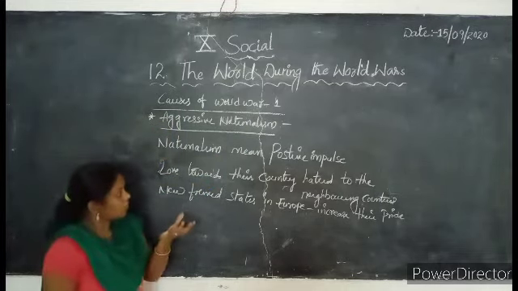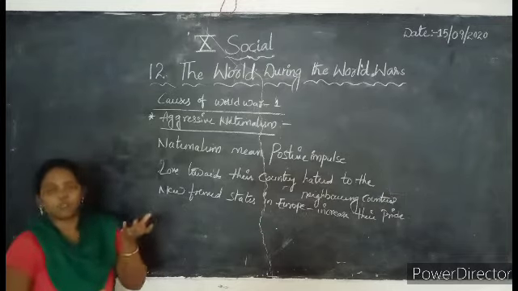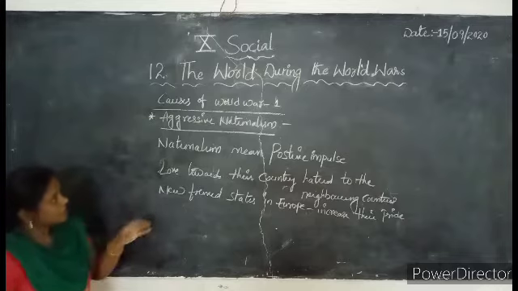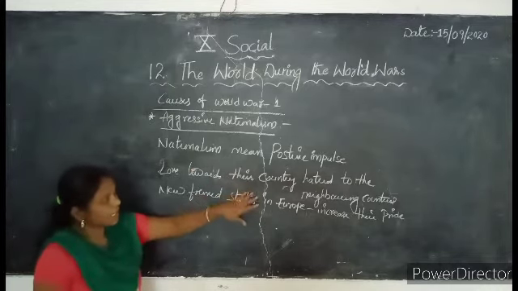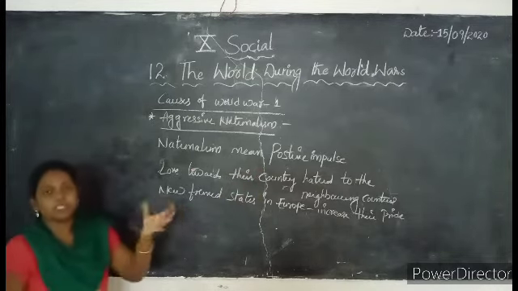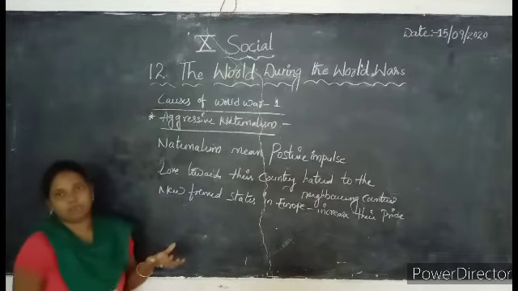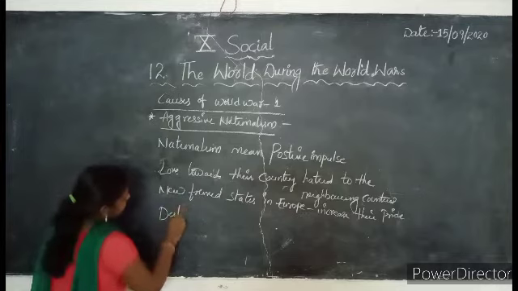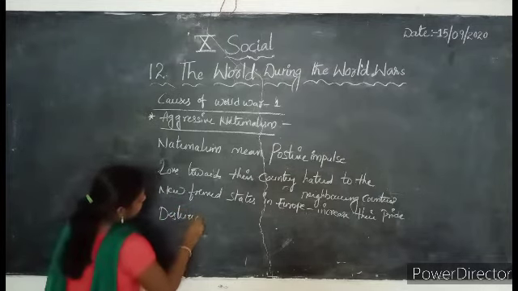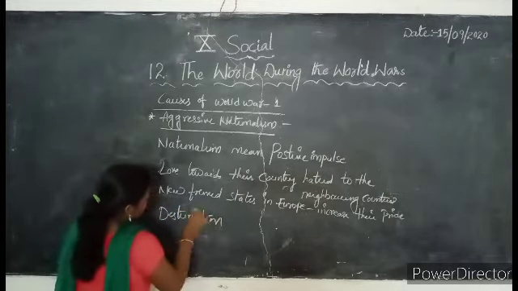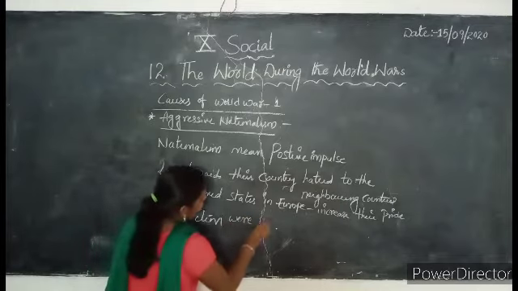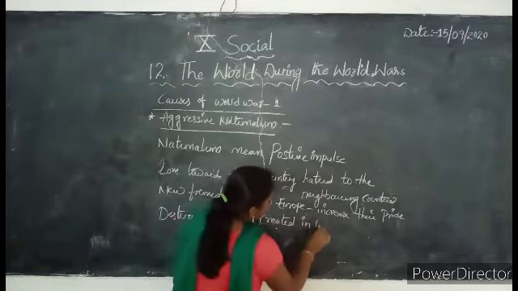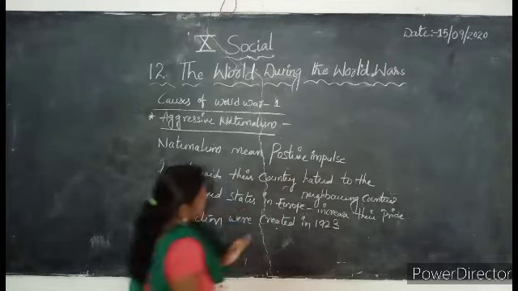This aggressive nationalism is not a constructive way. Nationalism means love towards our country, which is in a constructive way. Why? Because our ideology is very positive. But aggressive nationalism is what? Love towards their country, hating the neighboring countries, which means we have started destruction. The destruction was created in 1923.